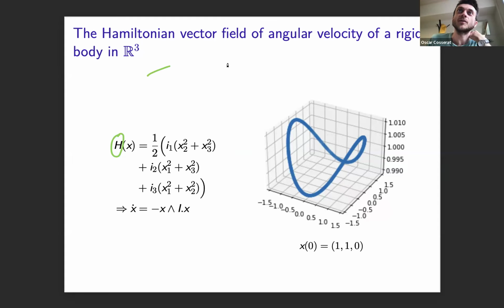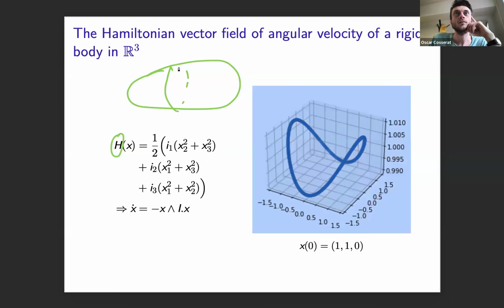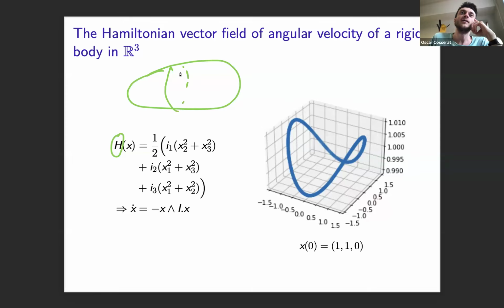I can even sketch, maybe I can make a picture. So you see that H is a polynomial of degree 2. It's homogeneous of degree 2. So the levels of H will be ellipsoids. And so this is for H.